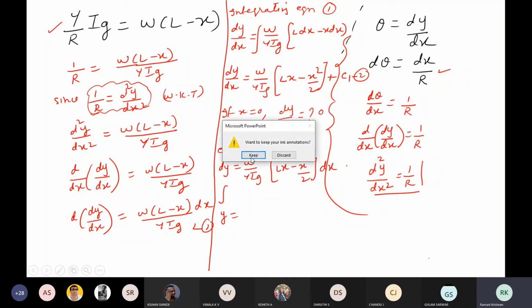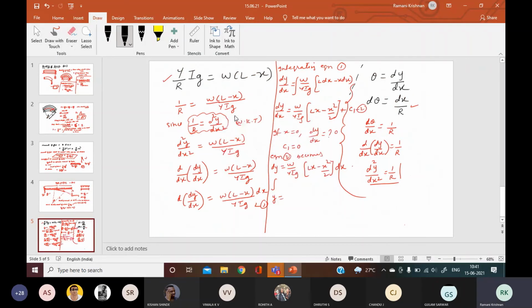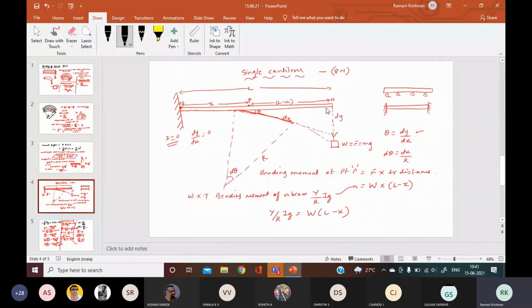What is my aim? My aim is to find the maximum depression produced, let it be y naught. If this is the point x, I want to know what y is here. That is why I'm integrating. I want to know the depression at a given point.